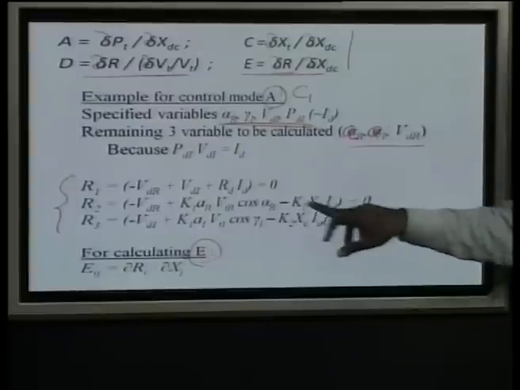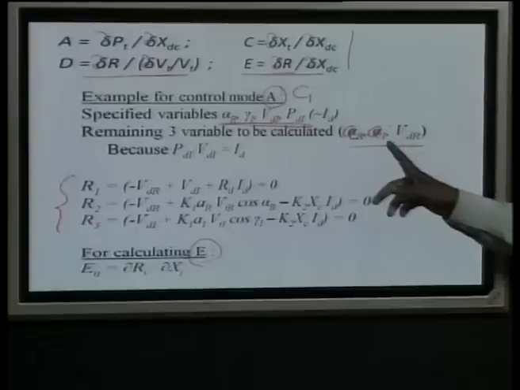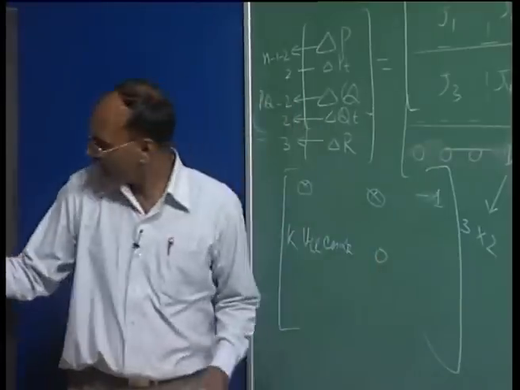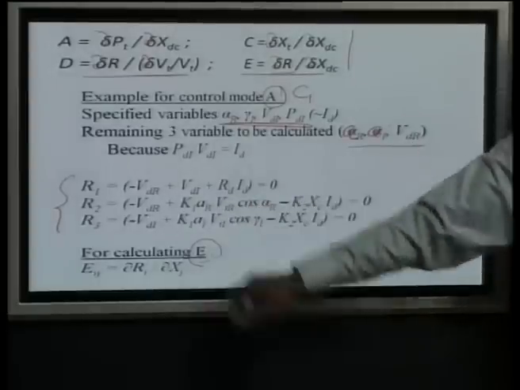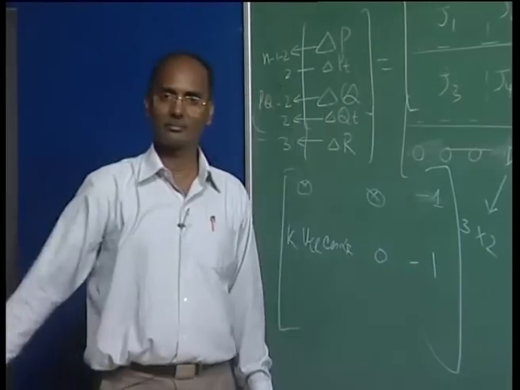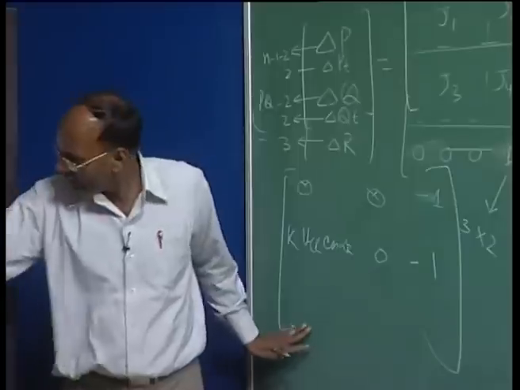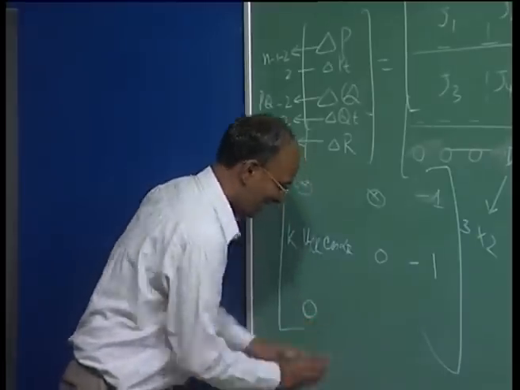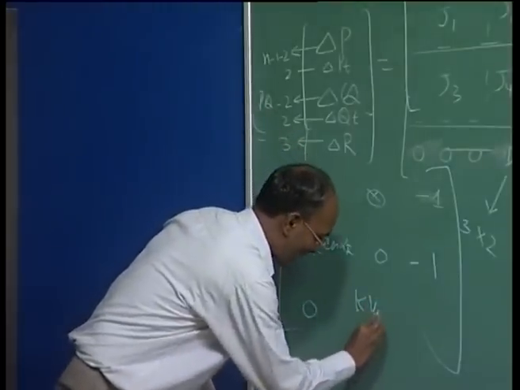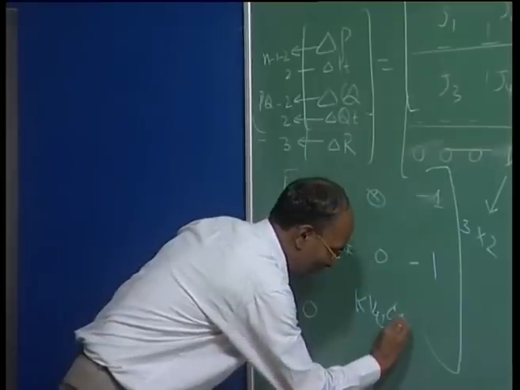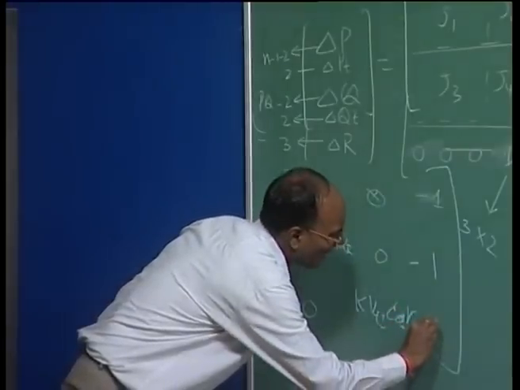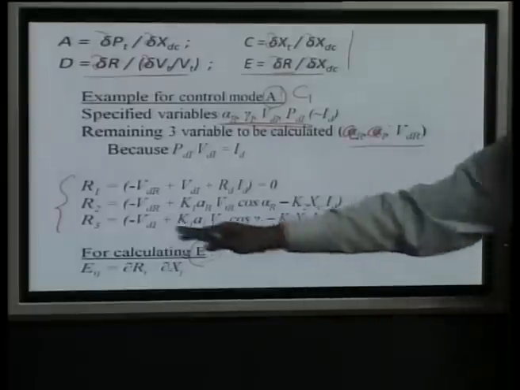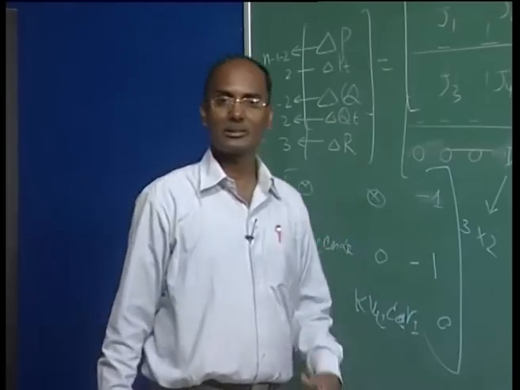This will be 0, we are getting this value. Next, with this VDR, again minus 1. Now, 3 here, this with alpha AR 0, here we will get k VTI cos gamma I, here 0, not VDR. So you can see these elements are calculated.